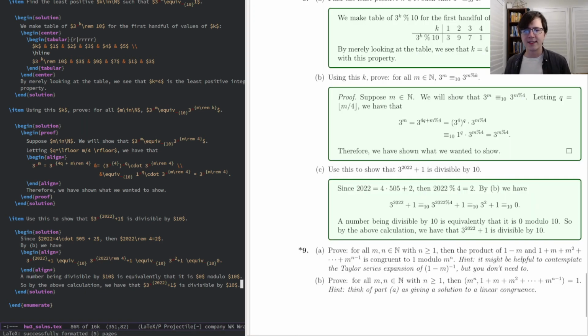That sure beats multiplying out 3 to the 2022. Though, really, we're just noticing the pattern that it loops after 4. So we're using the remainders to cut that loop short, or just jump to the end and see what happens after we do all of our 505 full loops.